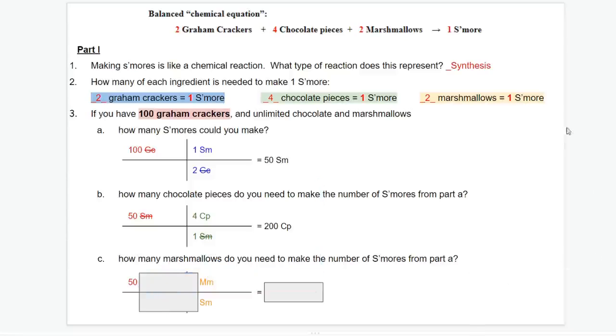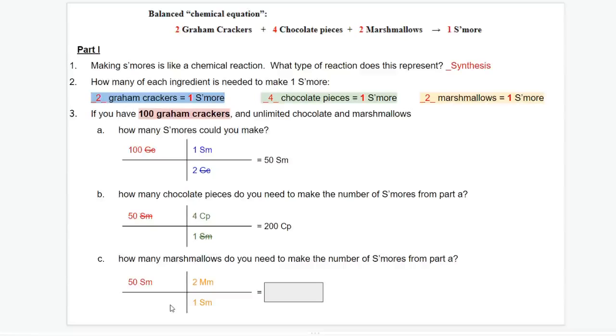I hope you notice I've also gone through color coding this so they match the equivalency that you use. When I look at my equivalency statement, I've got 2 marshmallows and 1 s'more. So a 2 goes with my MM and 1 goes with my s'more. I have 50 s'mores times 2 marshmallows.